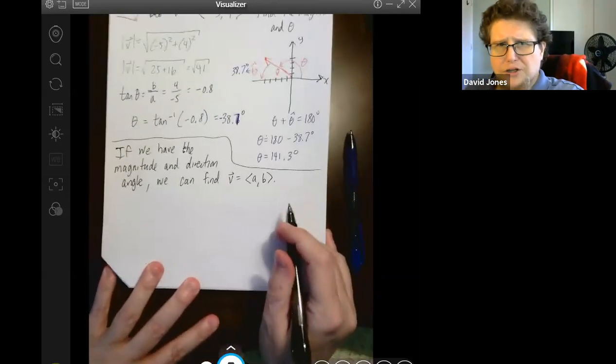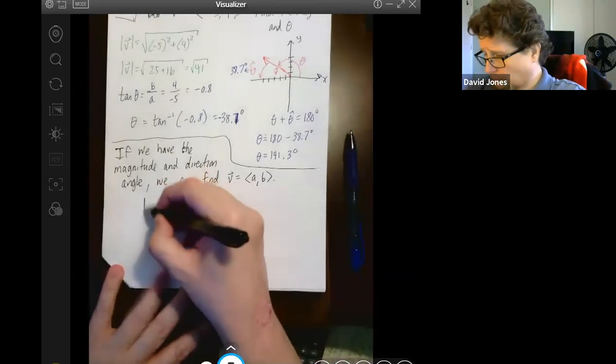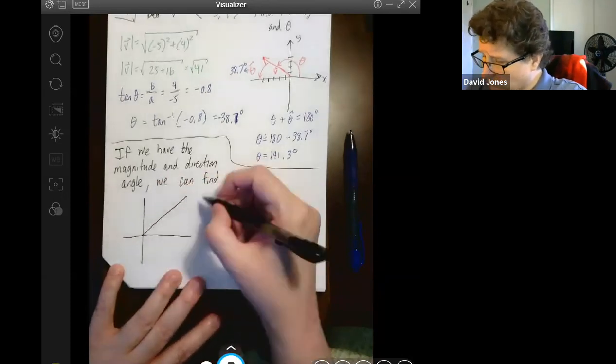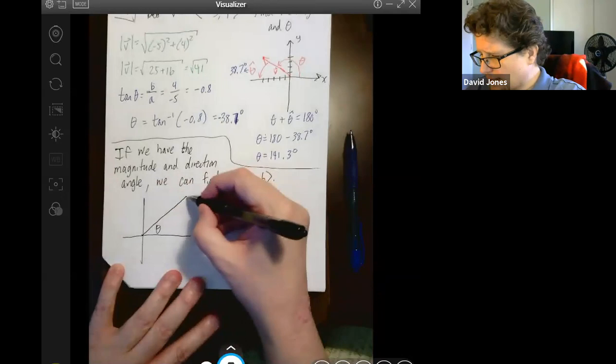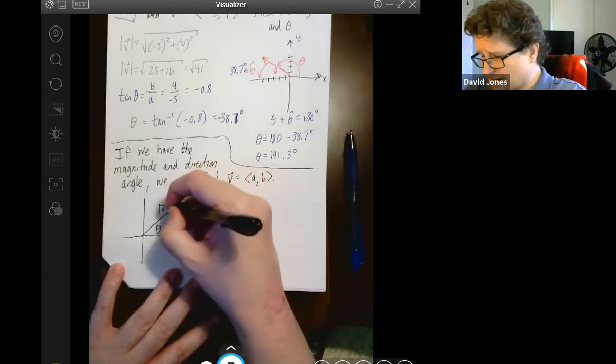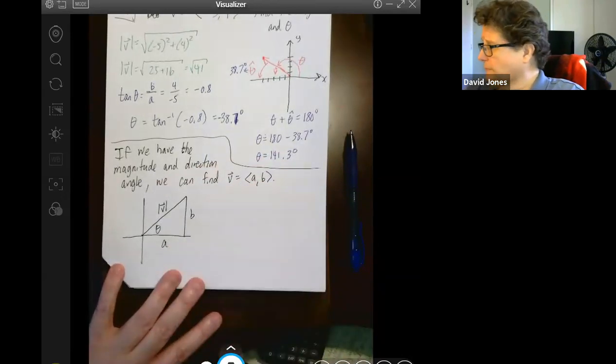Well, let's draw a picture. Let's see if we can reason it out. It's making an angle theta. We know the magnitude of this is V. This side is A, this side is B.